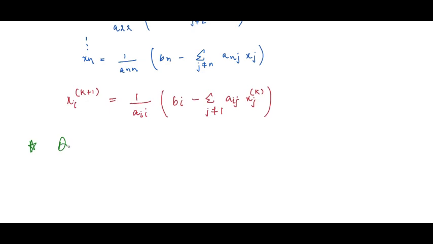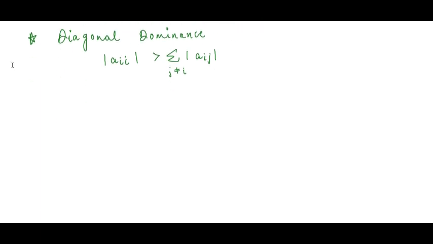A matrix is said to be strictly diagonally dominant if for every row, the mod of aii is greater than the summation of mod aij, where j is not equal to i. In simpler words, the absolute value of the diagonal element should be greater than the sum of the absolute values of all the other elements in the same row.